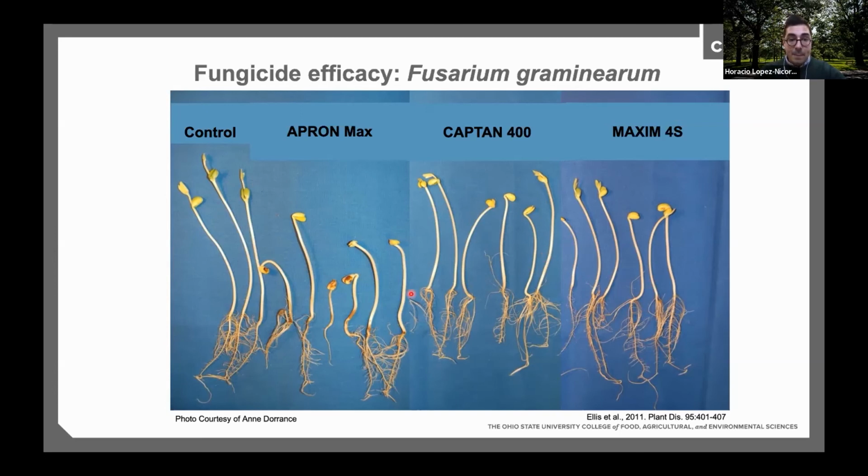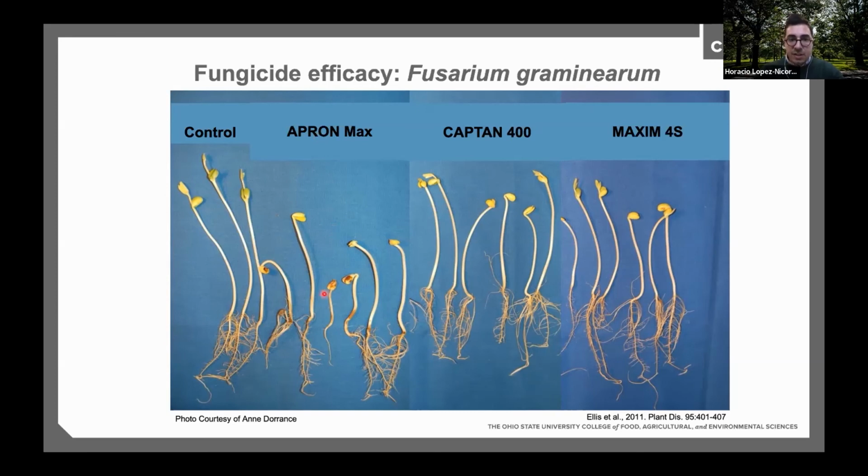However, when we expose those seedlings to Fusarium graminearum and use a product, Apron, which you're probably familiar with, used to control water molds, this product will not take care of the true fungi.